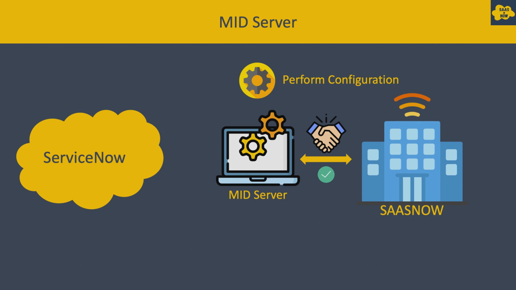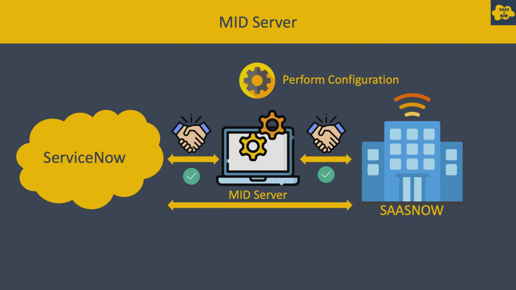And once that configuration is done, mid-server will be able to communicate with ServiceNow instance, and they can do handshake as well successfully. This overall means that ServiceNow has access to the internal network of this organization. And now you can use the same setup for discovery as well.